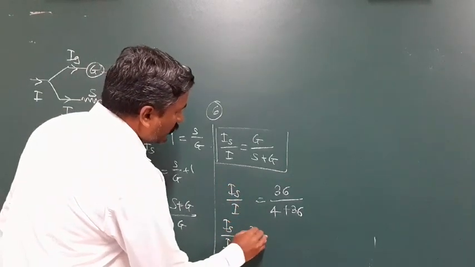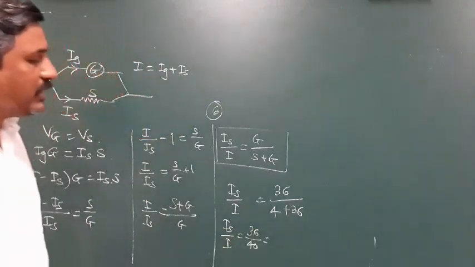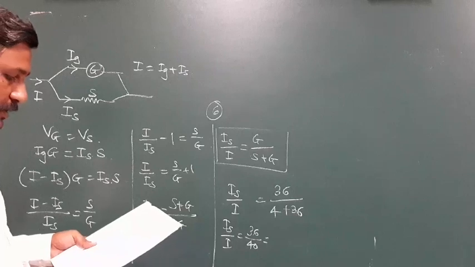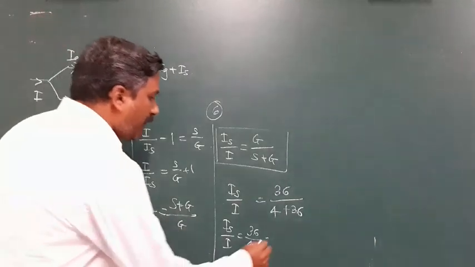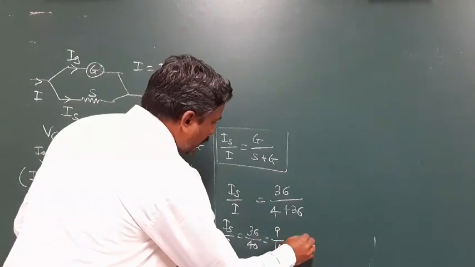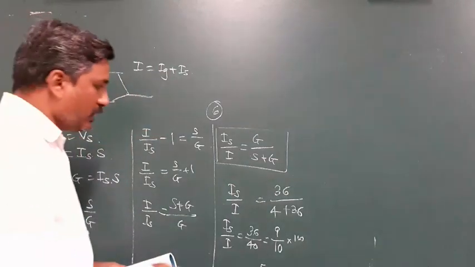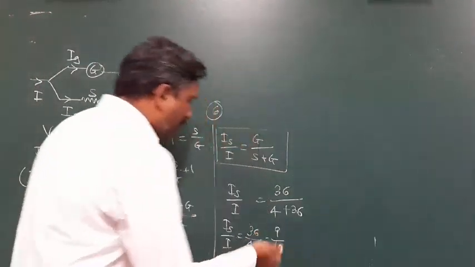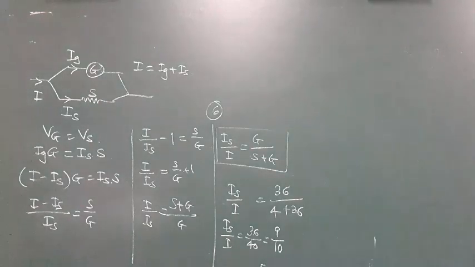Is by I equals 36 by 40, which becomes 9 by 10. So we are getting 9 by 10.